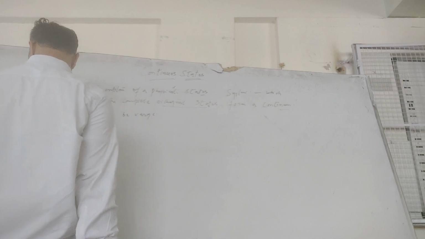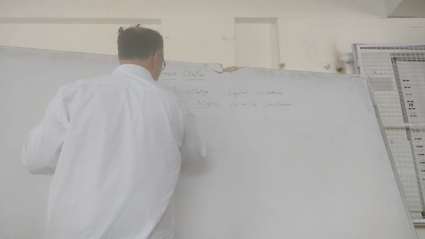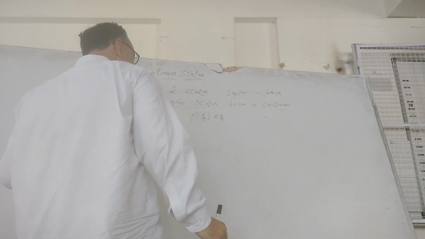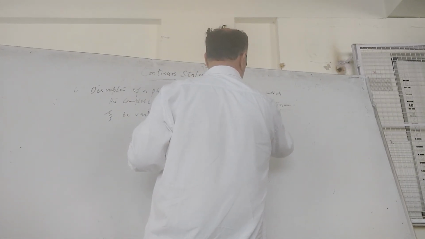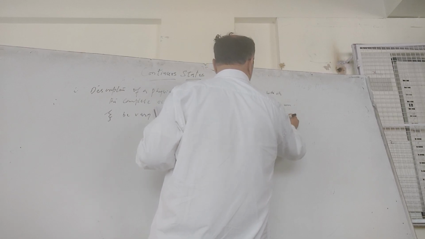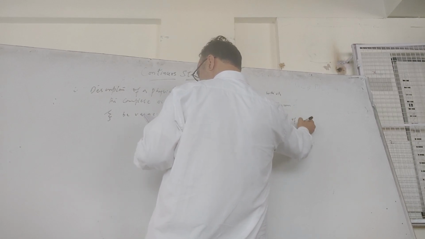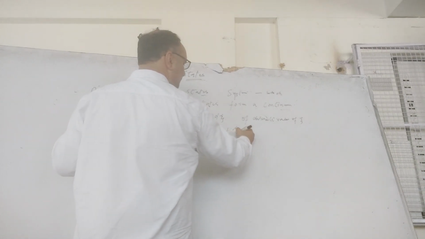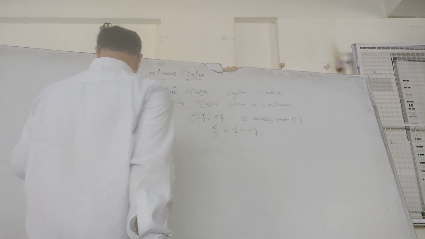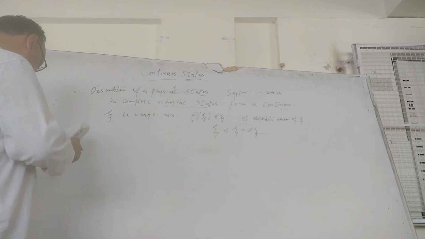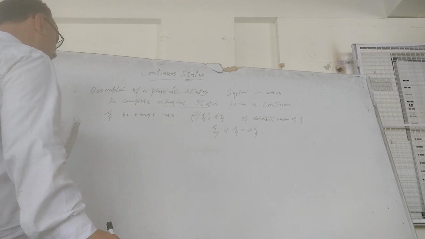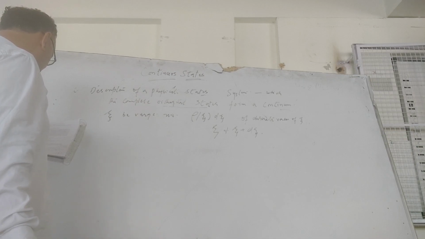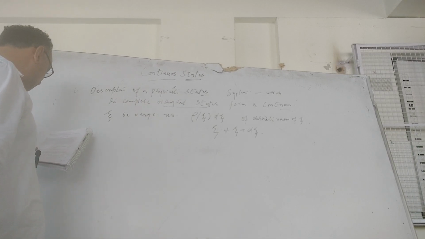and rho zeta d zeta the number of discrete values of zeta in the small interval zeta to zeta plus d zeta. If zeta is the x coordinate of the particle, then they will have a large number of discrete points.